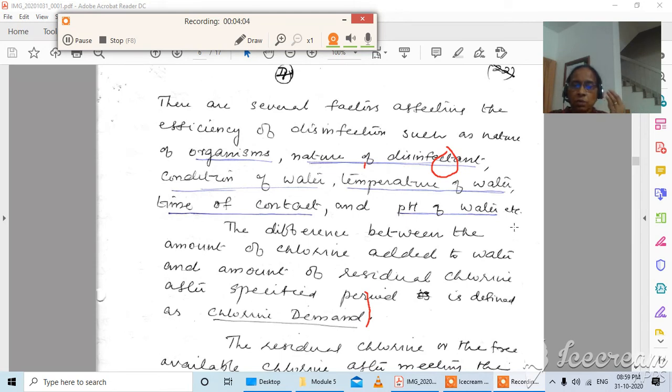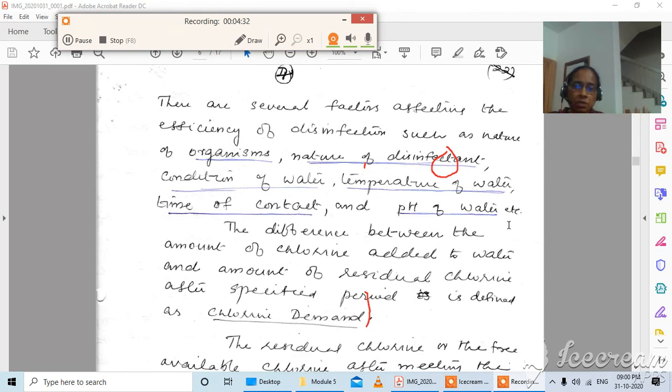Now the temperature of water, in our area, in our state, is usually almost 23 or 25 degrees centigrade. Then the nature of disinfectant, again it can be almost the same, because if we procure chlorine gas, we have the standard property of chlorine.